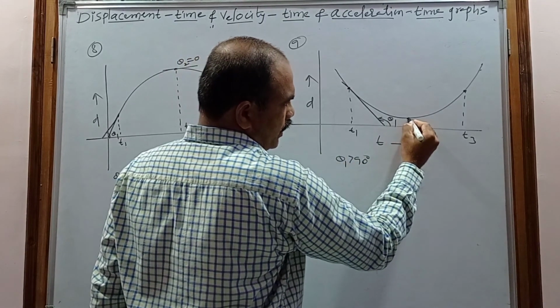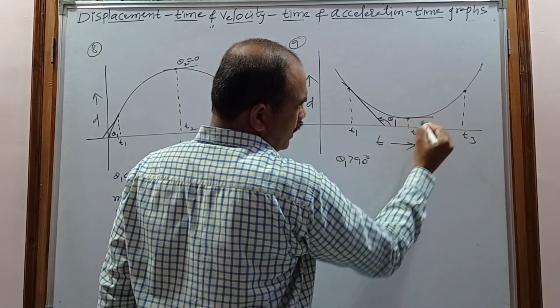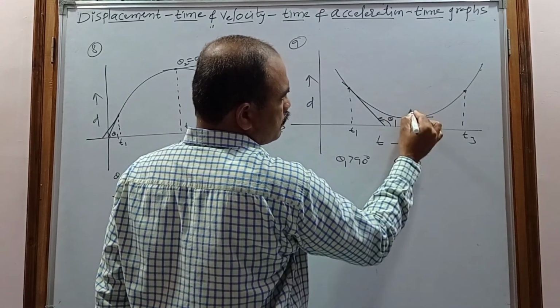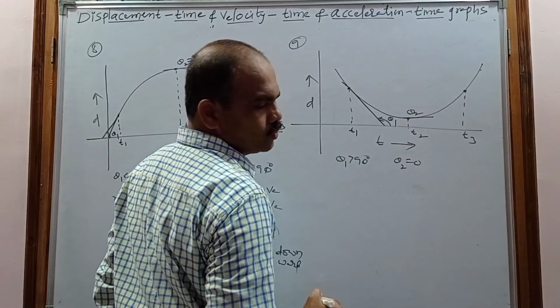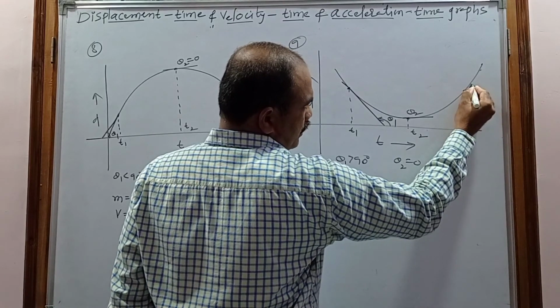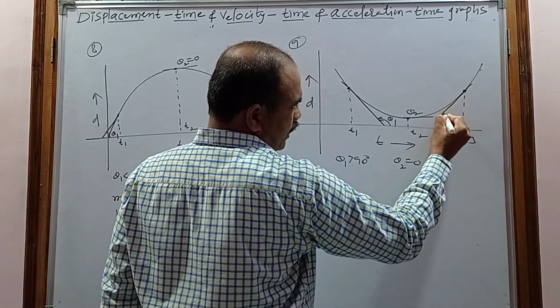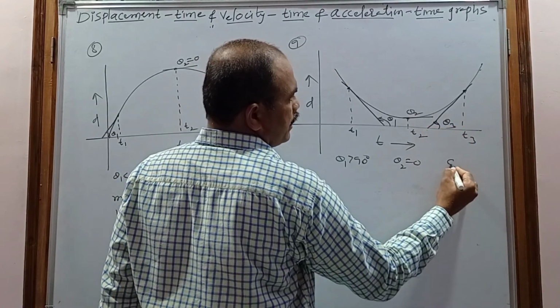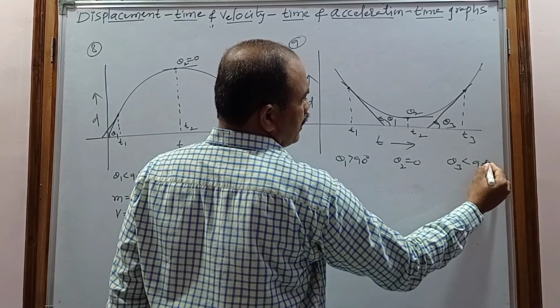At the t2 point, if I draw the tangent, it is parallel to the x-axis, that's why theta 2 is 0. And if I draw the tangent at the t3 point, it makes theta 3, which will be less than 90 degrees.